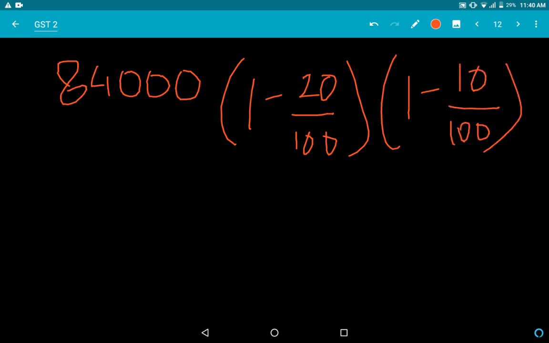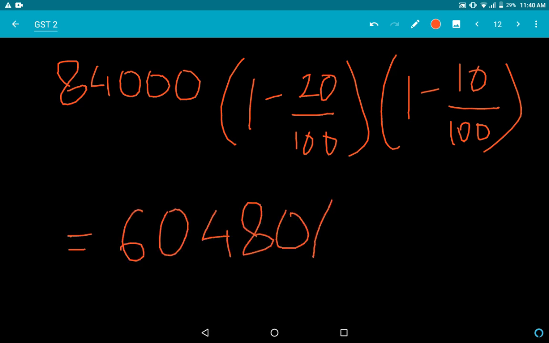After this, let me calculate. 84,000 into 4 into 9. Okay, then by 10 and by 5 comes out to be 60480. I am using a calculator, but you will not be allowed to do calculator. Use the calculator in the exams. Okay, so this is my taxable amount. This is my answer 1.